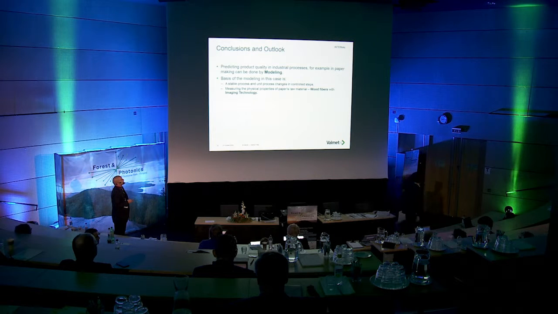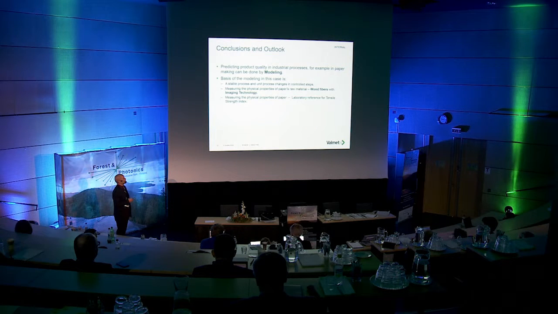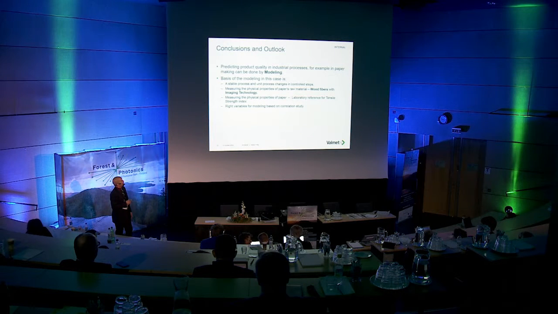And we measure the raw material of paper, wood fibers, by imaging technology. Then we measure the physical properties of paper with laboratory reference measurements. Then we should have the right variables chosen for modeling, so that we have a good model.